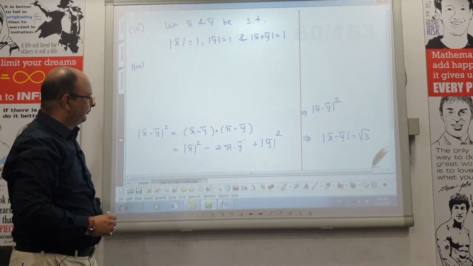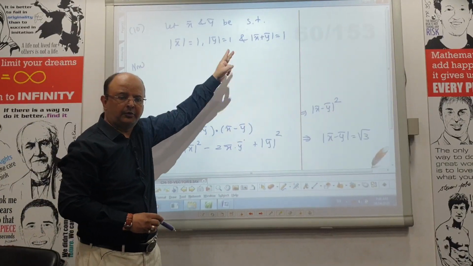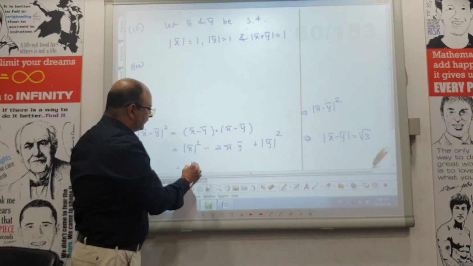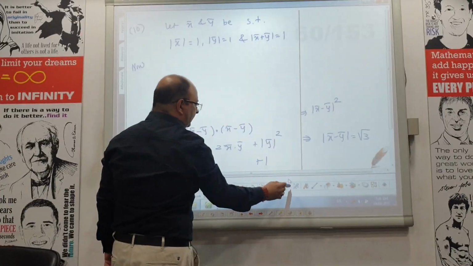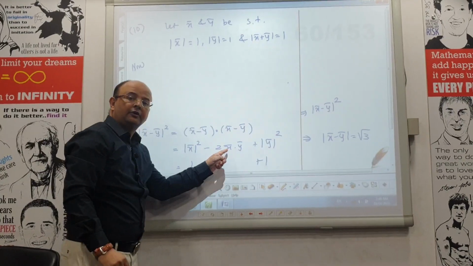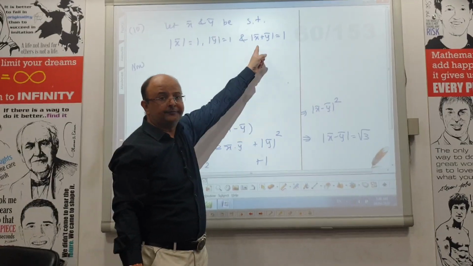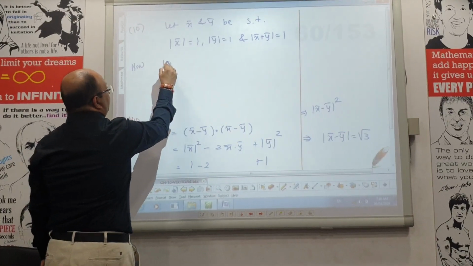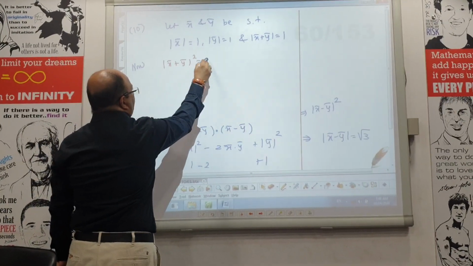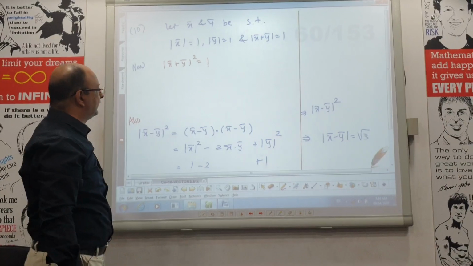And this is minus 2 x bar dot y bar. Done? But your mod x bar is 1, your mod y bar is 1. So this is 1 minus 2 times x bar dot y bar plus 1. How to get this x bar dot y bar? This will help me. Come on, mod x bar plus y bar is 1. So mod x bar plus y bar the whole square is 1.